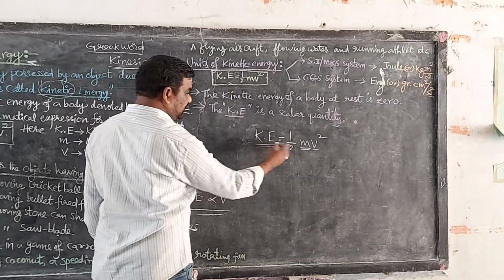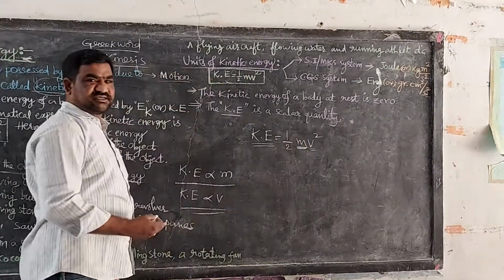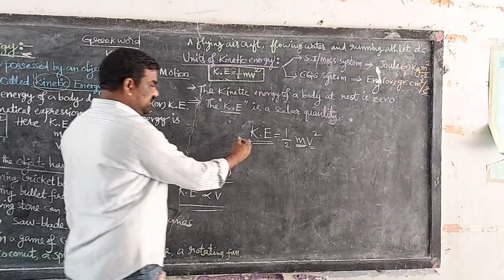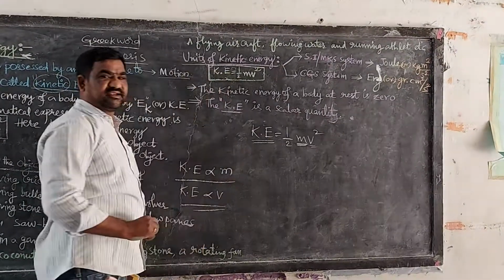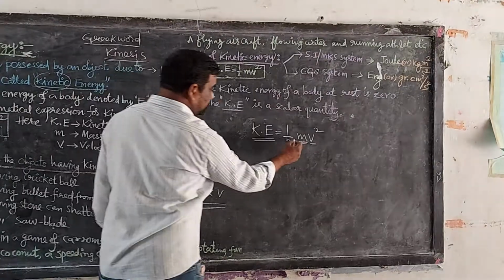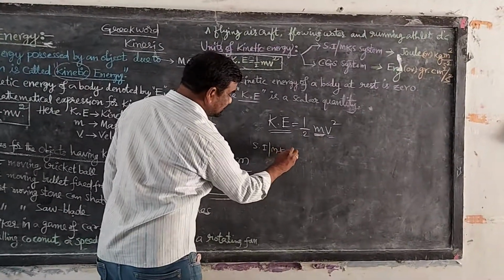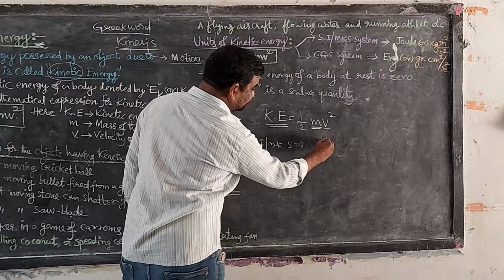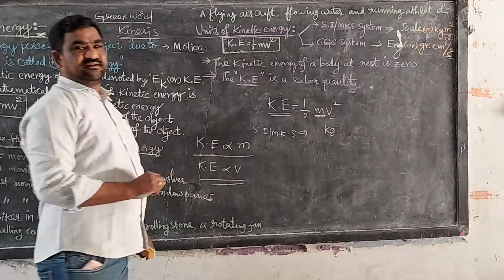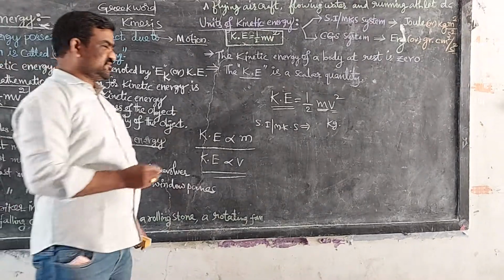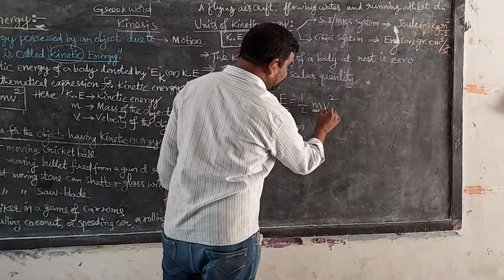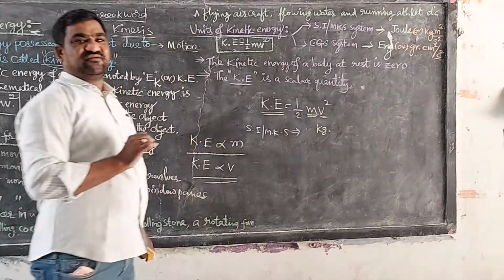So that's why if you write the units of mass and velocity, you can derive the units of kinetic energy. So here the unit of mass in SI or MKS system is kg. As the same, here v for velocity.